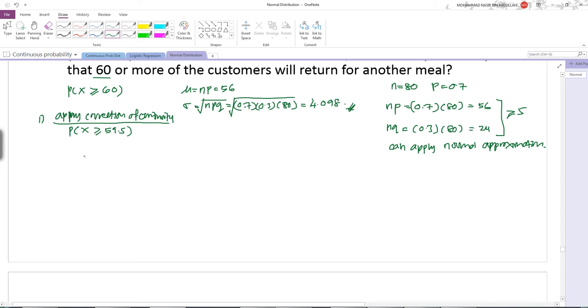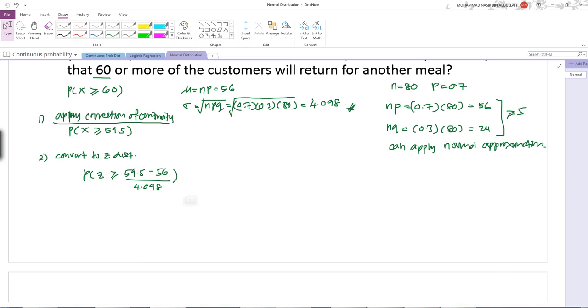So then number 2, we convert to Z distribution. So probability of Z more than or equal to 59.5 minus 56 divided by 4.098. Right?